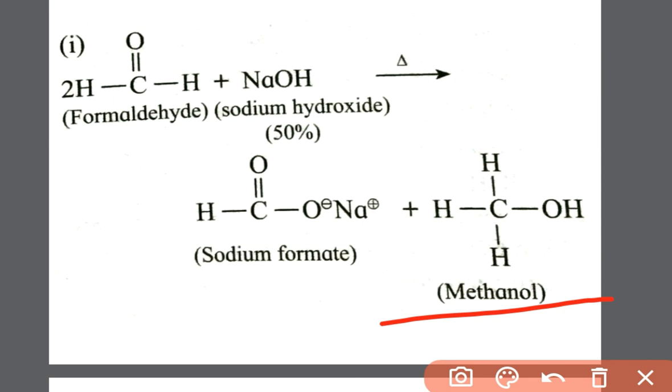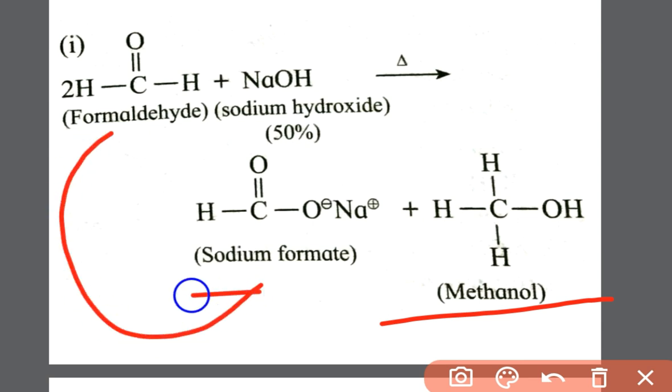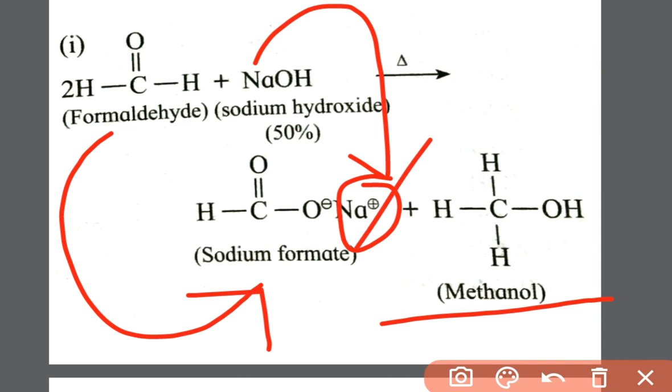Therefore, one molecule gets reduced to the alcohol, and at the same time a second molecule is oxidized to carboxylic acid. See here, oxidized to carboxylic acid salt. Why salt? Because here Na from NaOH is present. Therefore, it is a carboxylic acid salt.